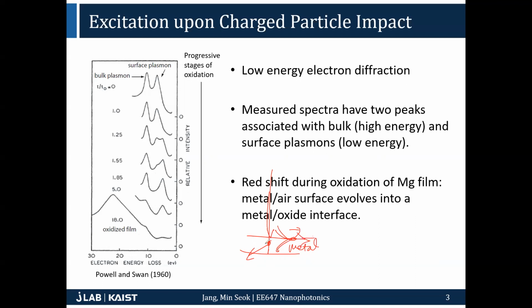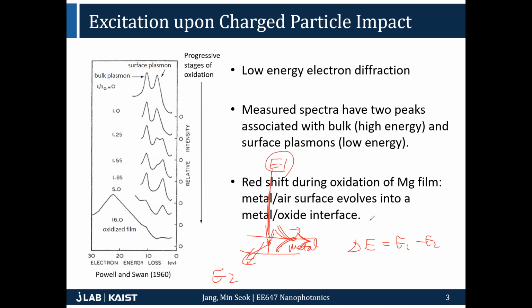And then by measuring the difference between the incident energy and the outgoing energy, you can see how much energy this electron loses, right? And that energy is associated with the plasmon energy.